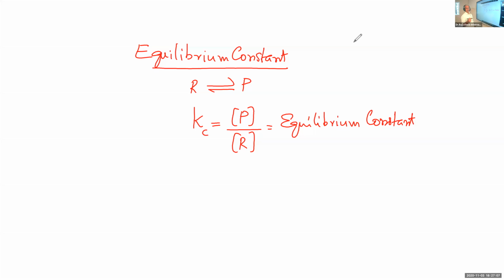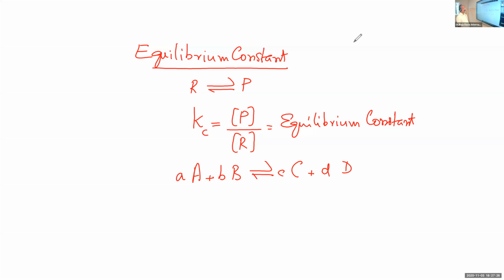This is a simple case. Let us generalize this. Say, for example, aA plus bB reversibly giving cC plus dD, a general reaction.